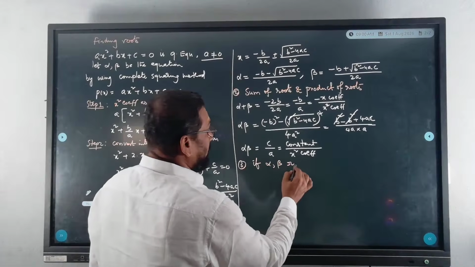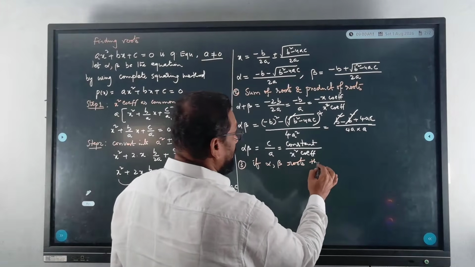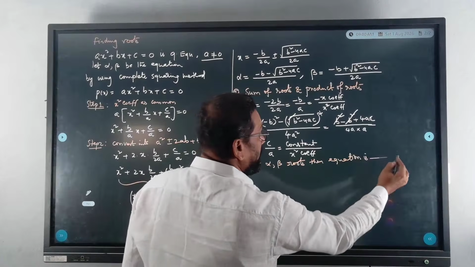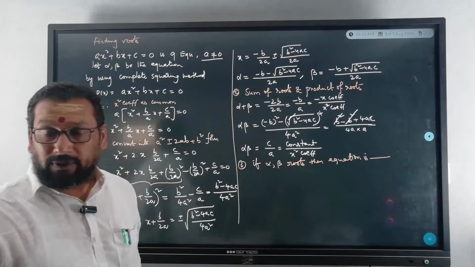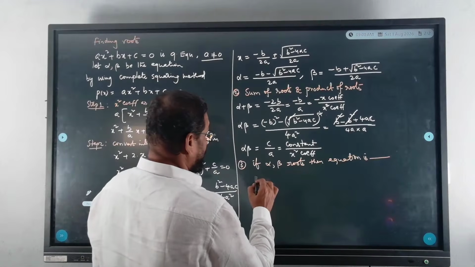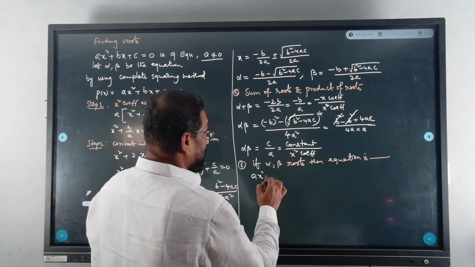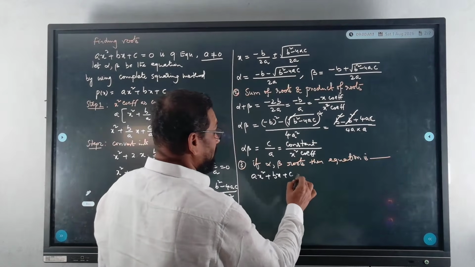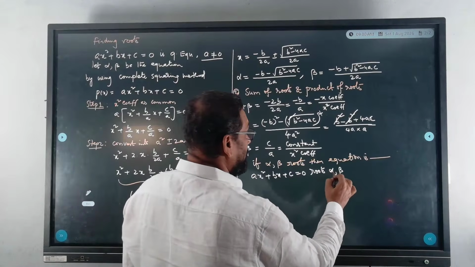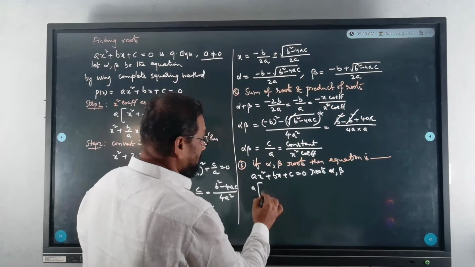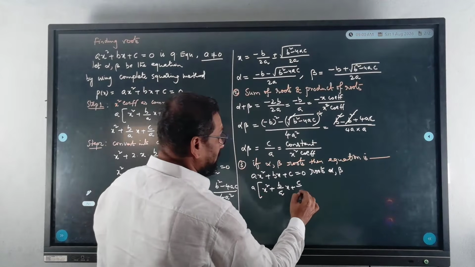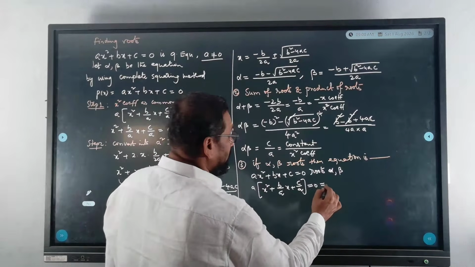Now third one is, if alpha beta are roots, then the equation is. So let the equation be ax square plus bx plus c equal to 0 with roots alpha comma beta. So a as common, x square plus b by a x plus c by a equal to 0.